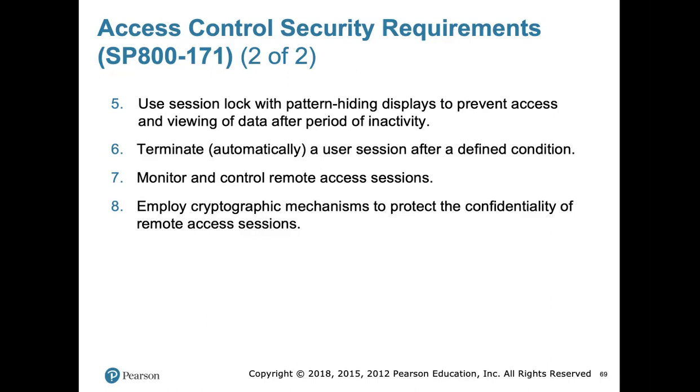If we want to support remote accesses, of course, there should be mechanisms to make sure that the information between the system and the remote users is being transferred securely. And of course, cryptography is a great thing. We can include cryptography in our access control so that the remote users' data, privileges, and accesses are all kept safe.